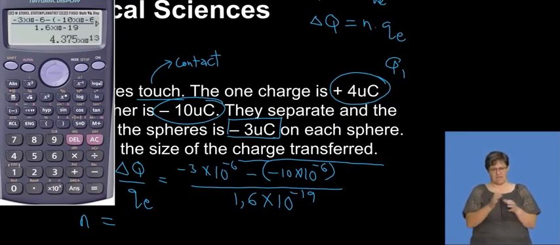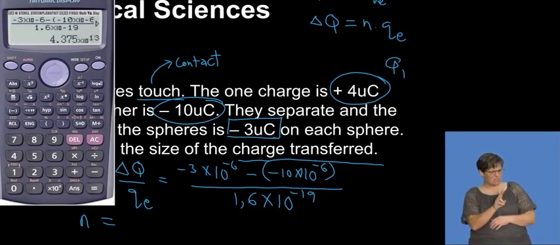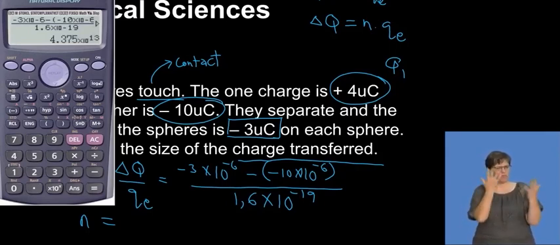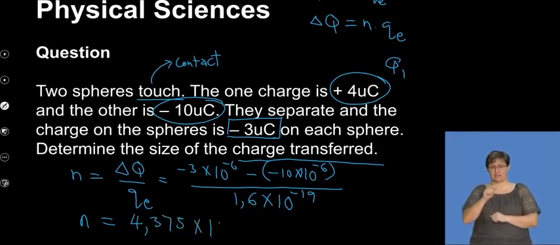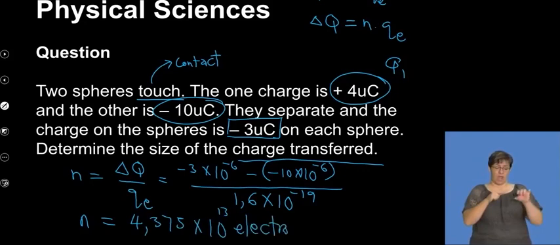Now that value looks very familiar because it's the same number of electrons that we calculated earlier in terms of the number of electrons that were gained by Q1. So 4,375 times 10 exponent 13 electrons were lost by Q2, right? So this is the change of the size of the charge that was transferred between the two, right?